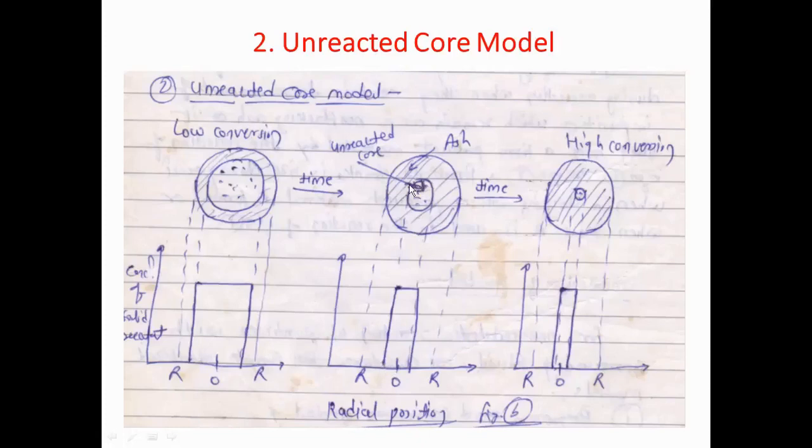Why decreasing? Because this part is completely reacted and product is formed. Here only ash is there, so the unreacted particle remains at the center, and after some time this will go on decreasing and vanish, and finally only the ash layer will remain. Whatever product is there, suppose gas, will be added into the bulk of the gas.